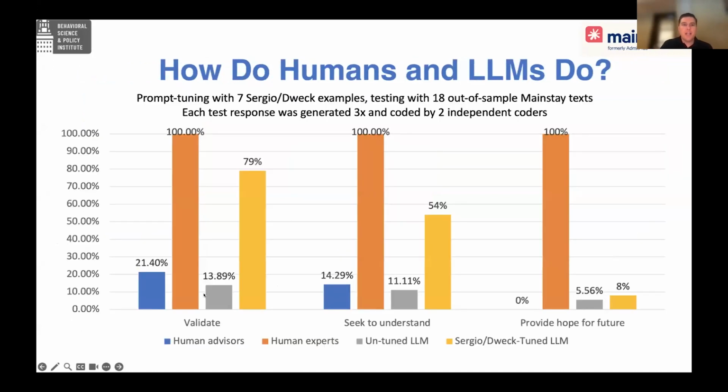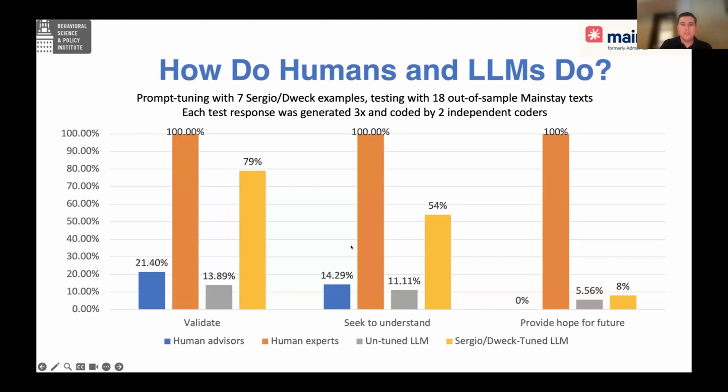Well, for validating, the human advisors only validated emotions 21% of the time. Sergio and Carol and I did it 100% of the time. Untuned LLMs did it even less than the human advisors, 14% of the time. But the prompt-tuned model did it 79% of the time. So you're getting 80% of what took us weeks to do with the LLM copies.